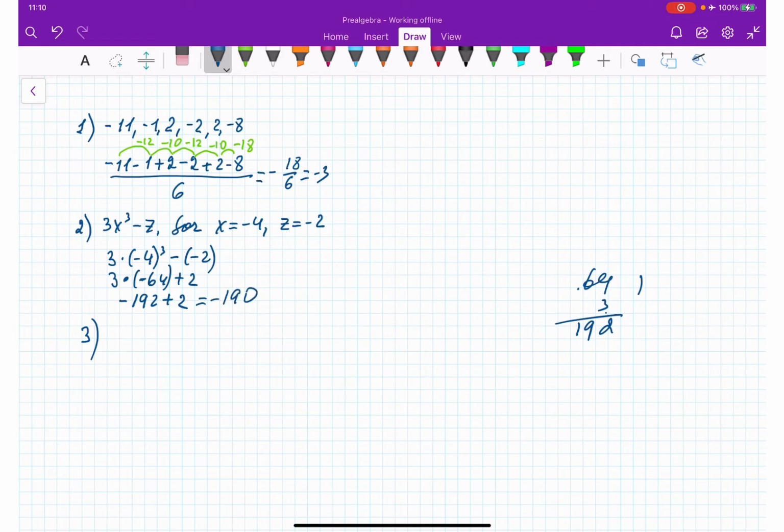Question number 3. 11 minus x to the 4. Okay, 11 minus x to the 4. We need to evaluate for x equal negative 2. Which means 11 minus negative 2 to the power 4.